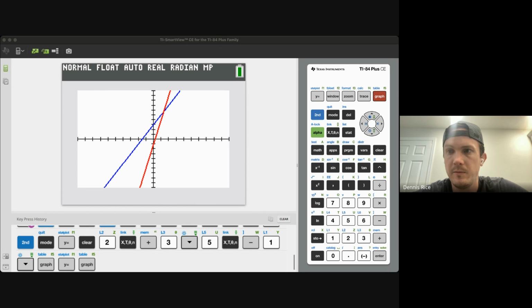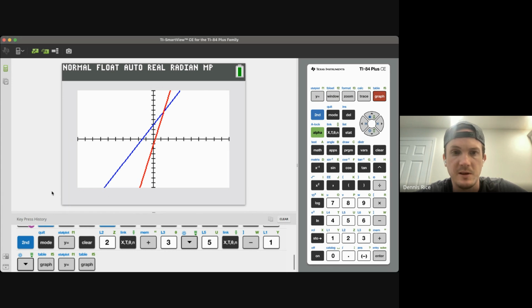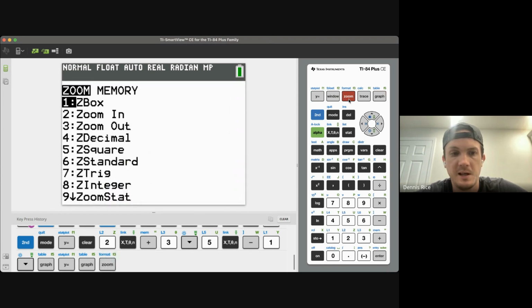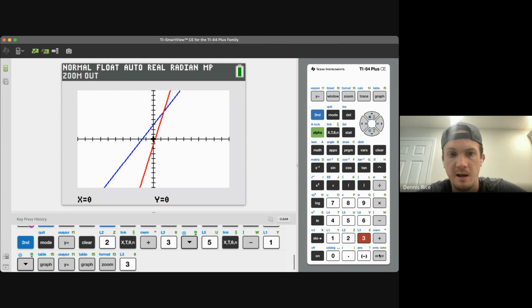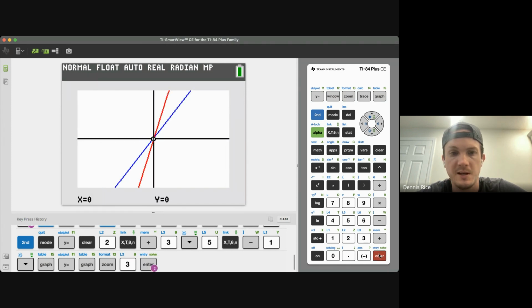All right. Questions with the graphing calculator? If you want to mess with the zoom, hit the zoom button once, and now there's a bunch of options here. You could zoom out. So if you hit 3 and hit enter, your graph will zoom out every time you hit enter.